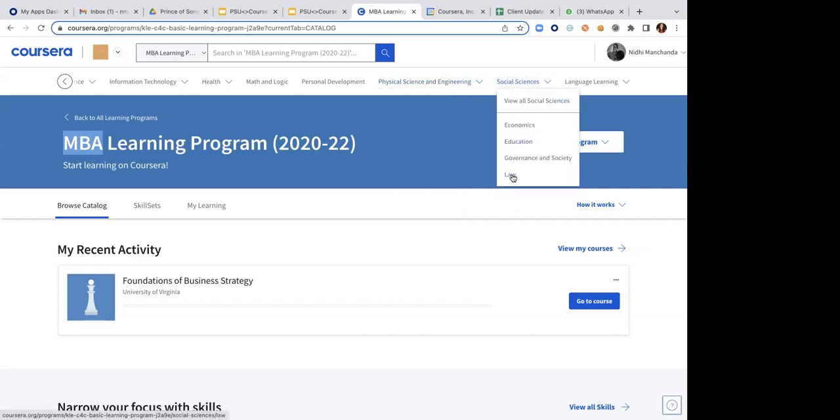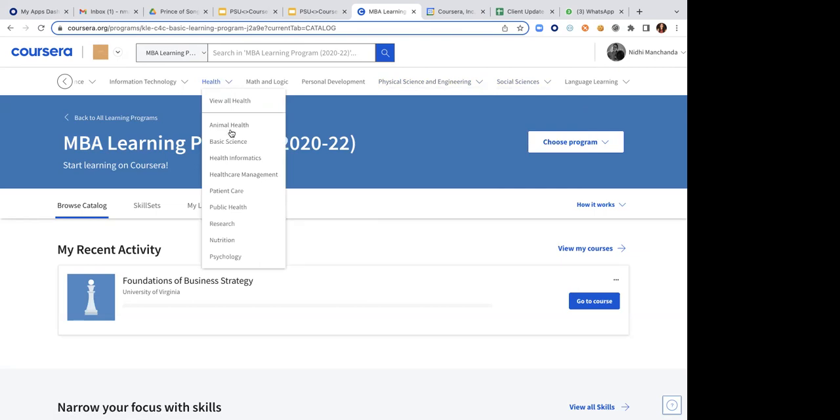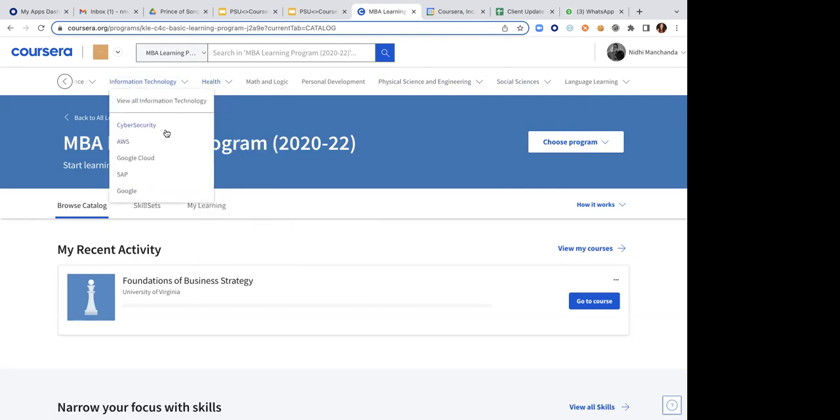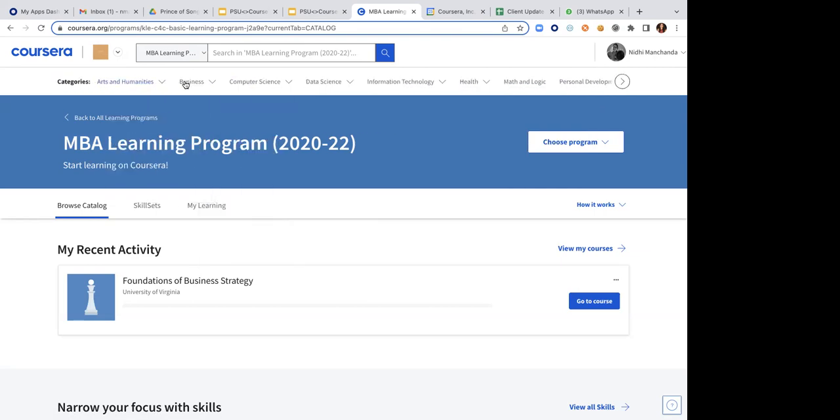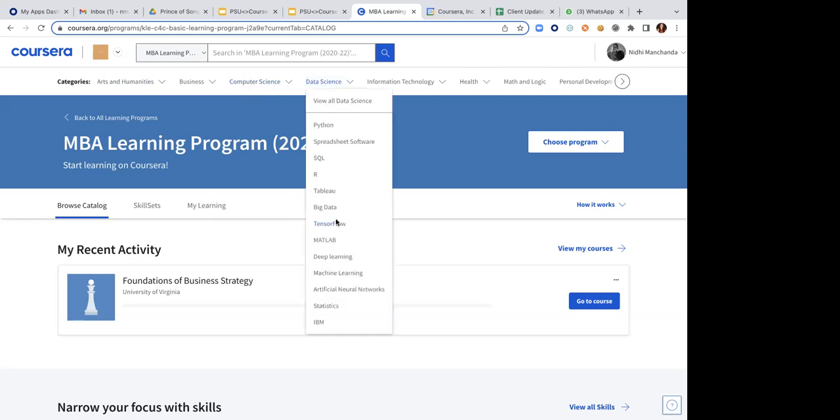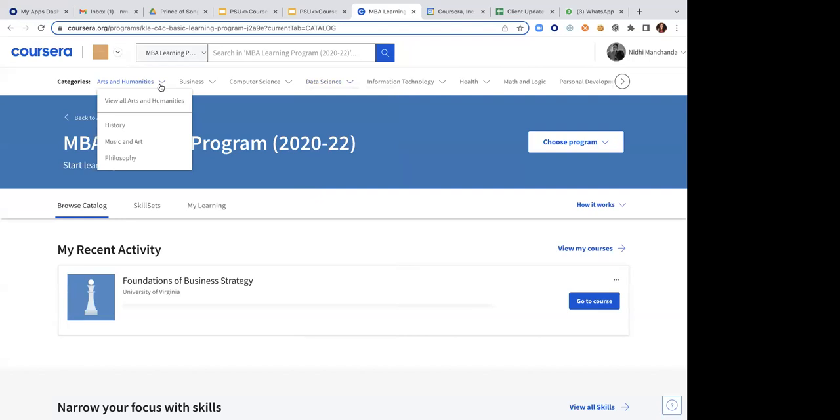Then under social sciences we have law, education, economics, and so much more. We have courses on health education, information technology, then courses on data science, computer science, and business and arts and humanities. So we cover a wide variety of the domains and skills using our catalog that we have.